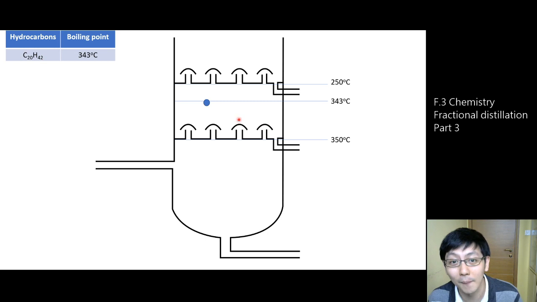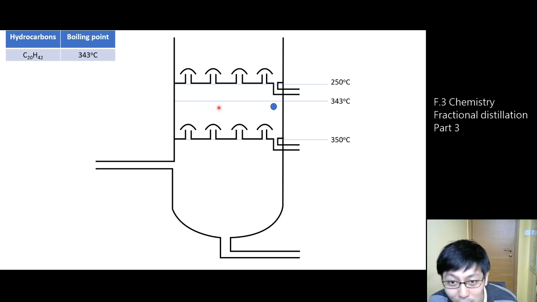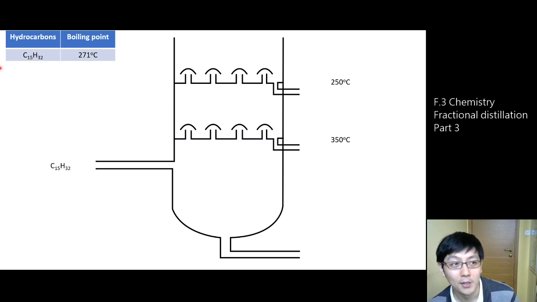So for this hydrocarbon, at most it can stay here. 永遠穿破唔到343度呢個關口 as it reaches the condensation point or boiling point of this hydrocarbon。去到呢個位置，佢一定變翻 liquid，一定 condense，咁佢就會 stay in between this layer。佢會一邊 condense 向下滴，再 vaporize 向上，再一邊 condense 向下滴，再 vaporize 向上。So overall, it will stay in this region. How about the next one?